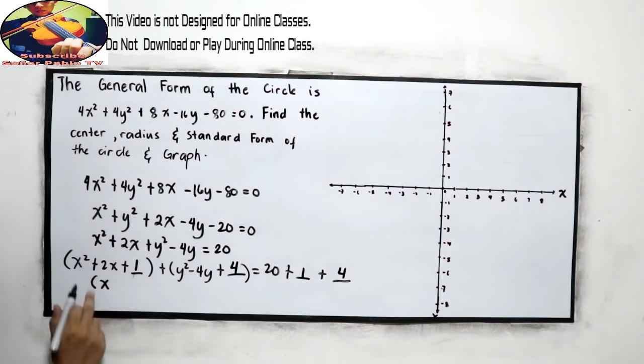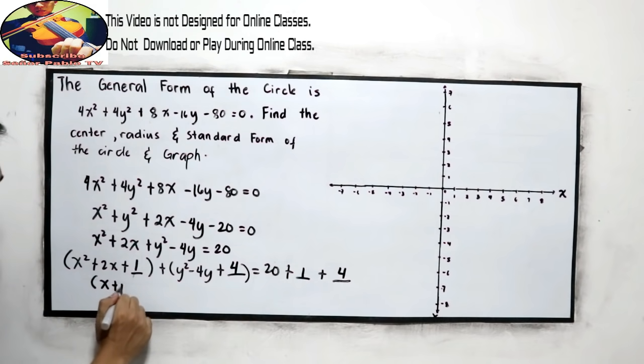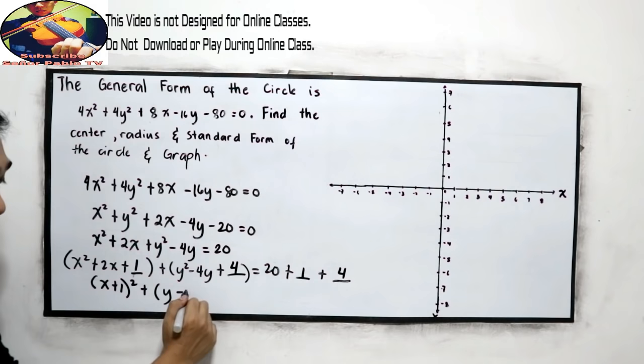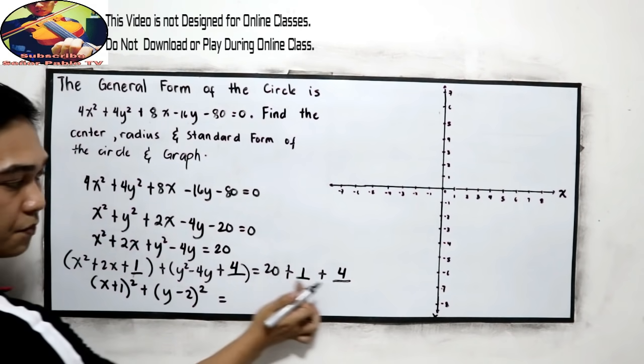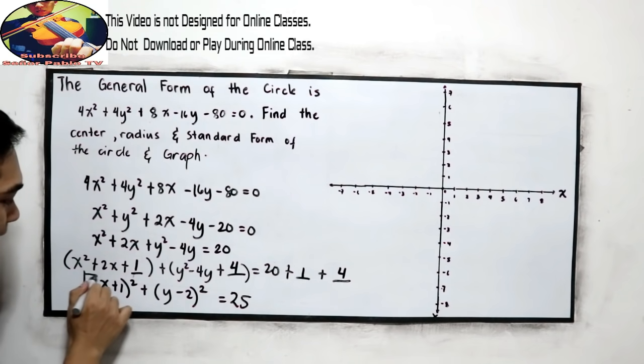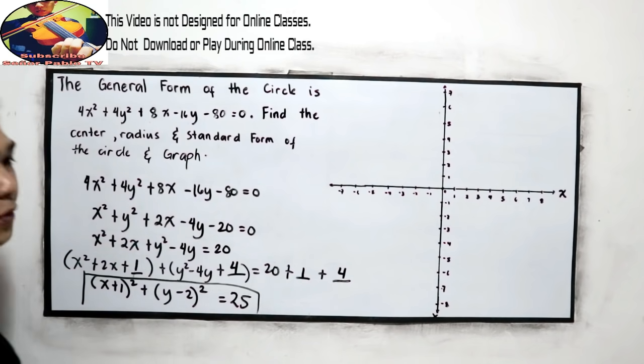So (x plus 1) squared, sign of the middle term, positive, square root of 1 is 1, plus (y minus 2) squared, square root of 4, that is 2, is equal to 20 plus 5, 25. This is our standard form.